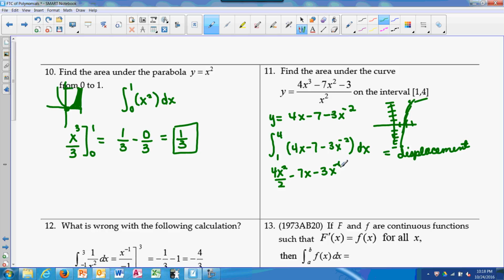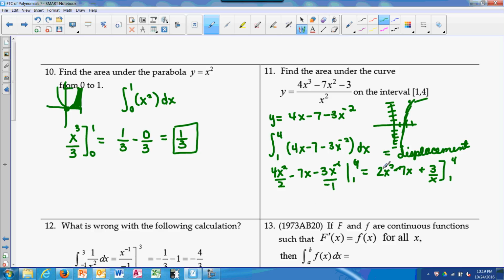So negative 1 divided by negative 1 from 1 to 4. So we're going to simplify. We have 2x squared minus 7x plus 3 over x from 1 to 4. We got a plus because the 2 minuses cancel.